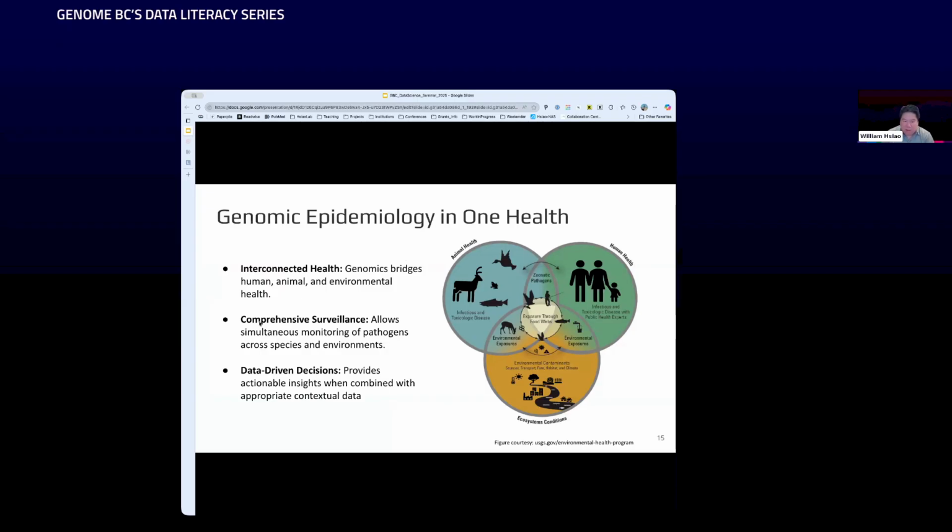And this then allows more comprehensive surveillance to simultaneously monitor the pathogens across species. And also, some of these pathogens live in the environment rather than always being associated with hosts, so sampling the environment is also important. And this will then allow a more comprehensive, holistic, data-driven decision-making process, combining appropriate contextual data.